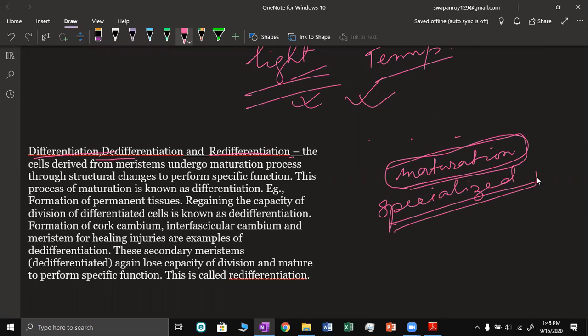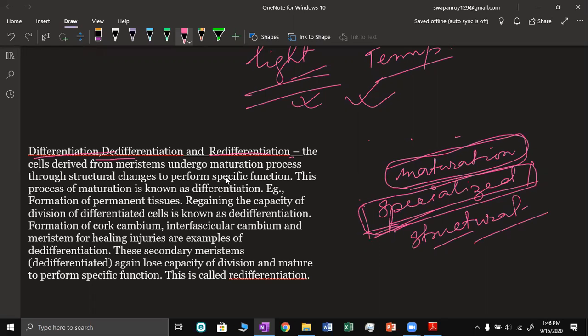During this specialization, several structural changes take place, which will be suitable for their function.